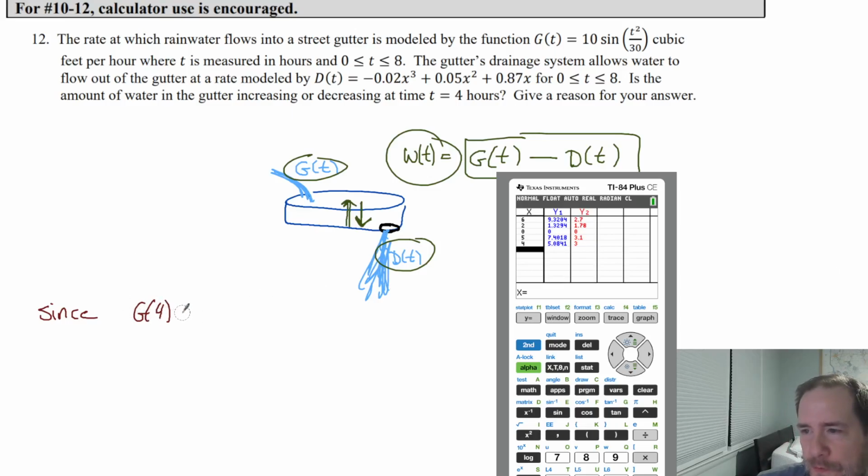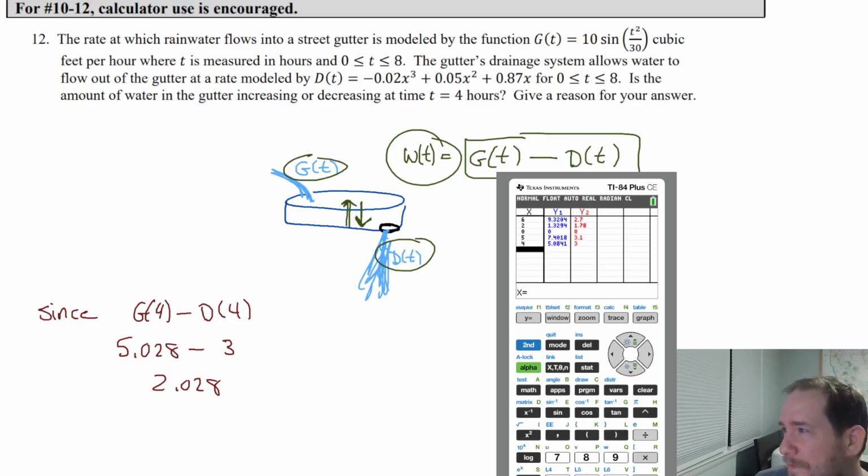We'll say since g of 4 minus d of 4 is equal to 5.084 minus 3, that equals 2.084. Again, wouldn't kill you to include units. These are cubic feet per hour.